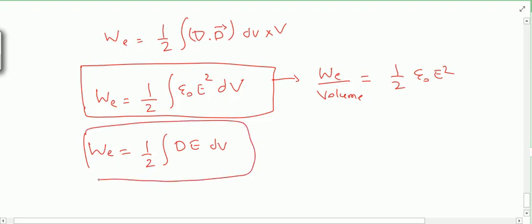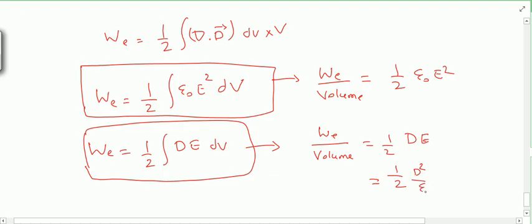So from this expression also energy density can be written: W T upon volume will be half times D into E, right? Again, if I want to write the energy density in only D form, what I can do is replace this electric field E by D by epsilon naught.